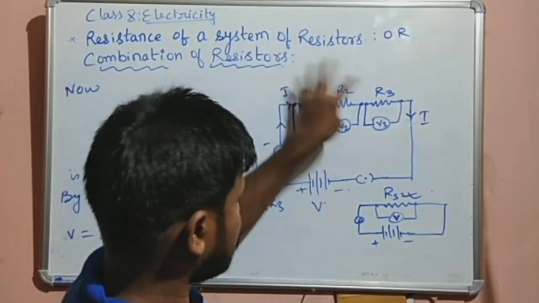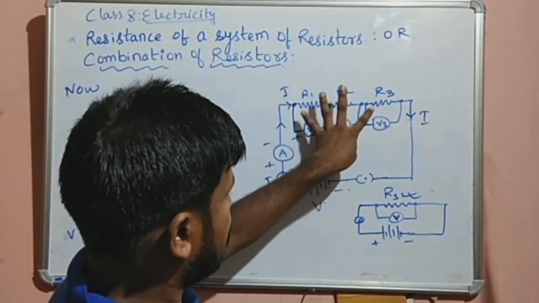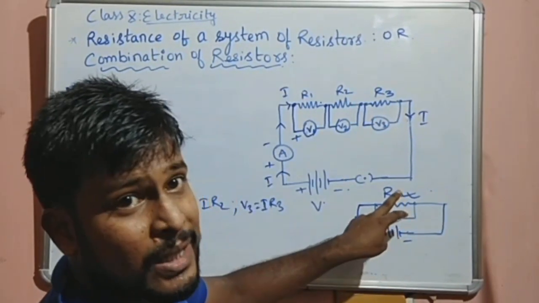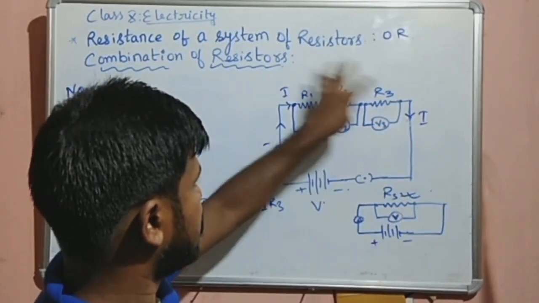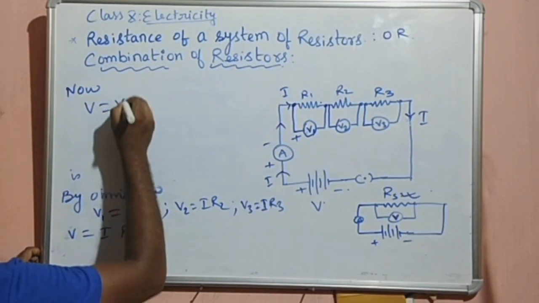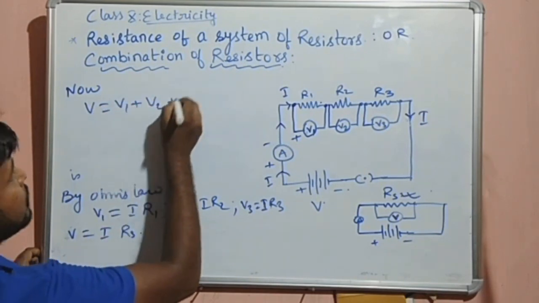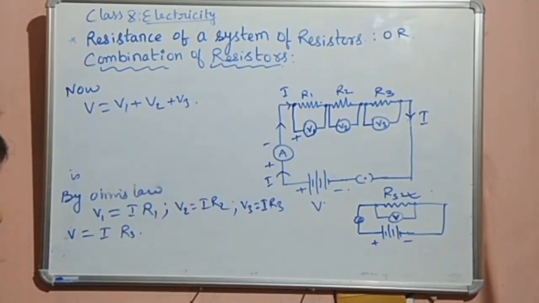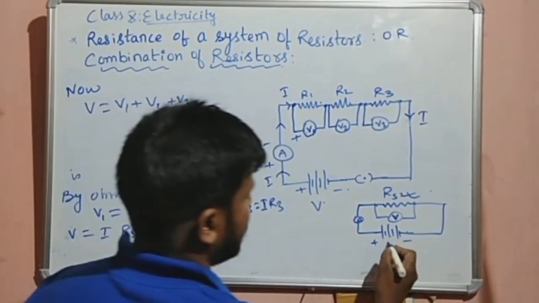We have connected these three in series in place of the equivalent resistance. So if I add them, the potential difference will be V is equal to V1 plus V2 plus V3. That is the total potential given by this battery V.